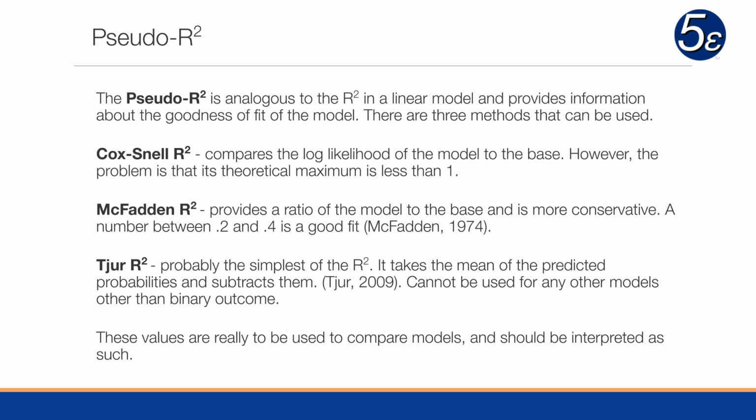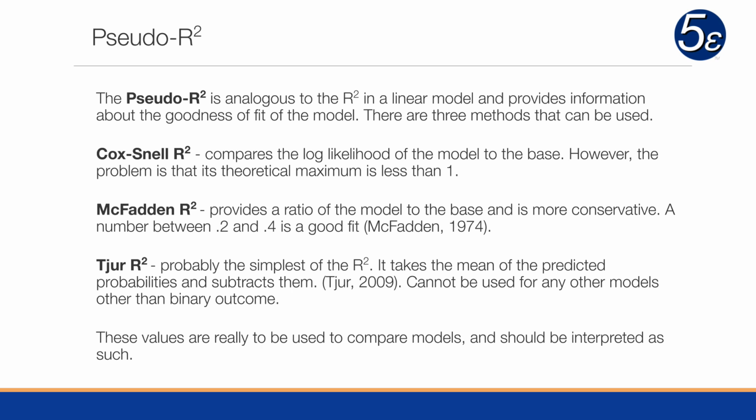Cox-Snell compares the log likelihood of a model to the base. The log likelihood is a formula to determine how likely something is to appear, but it uses a log function to do that. The problem is that it has a theoretical maximum of less than 1, so there are some issues with that.